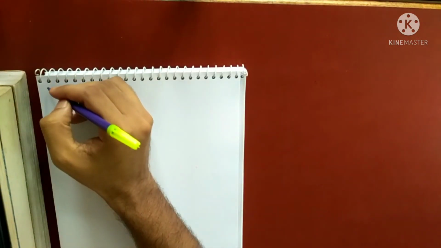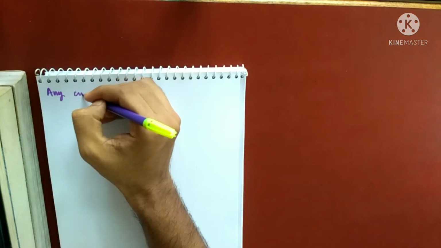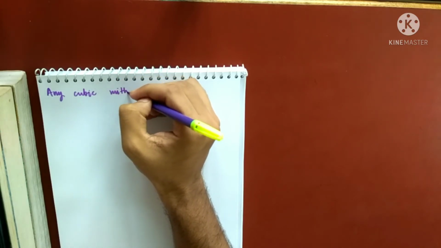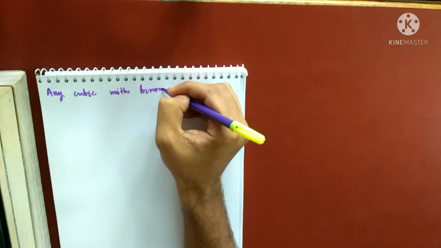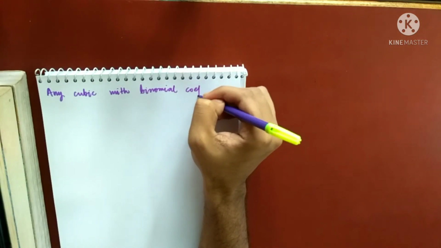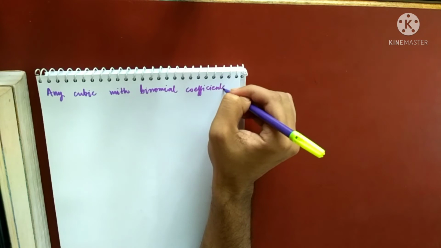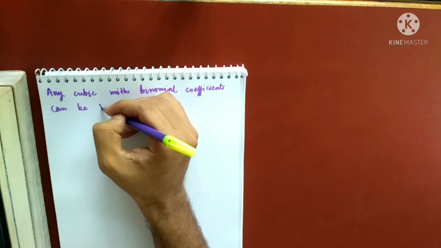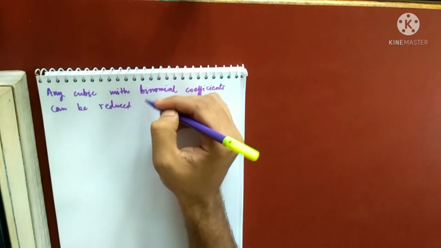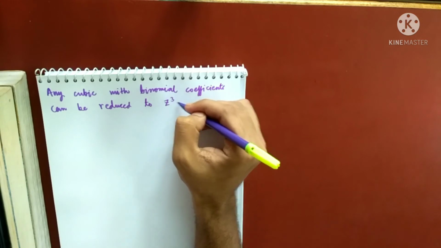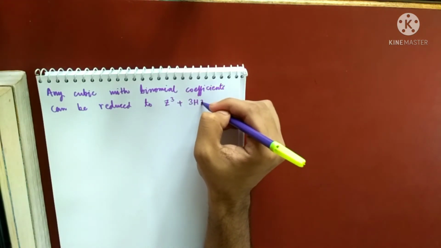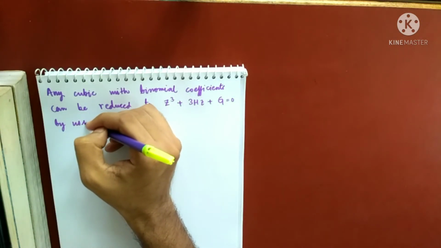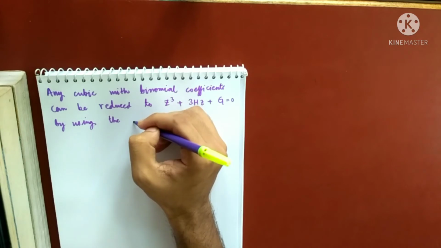So any cubic with binomial coefficients can be reduced to z cube plus 3hz plus g equals 0 by using the transformation.